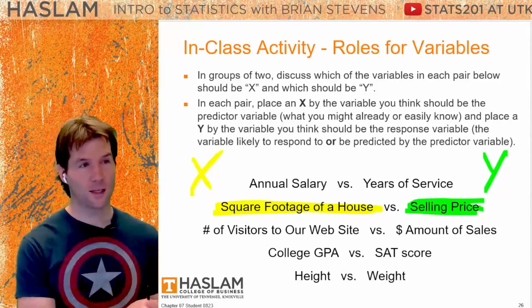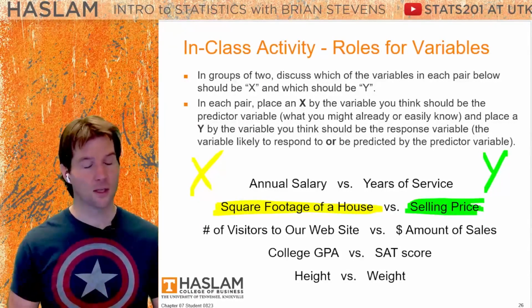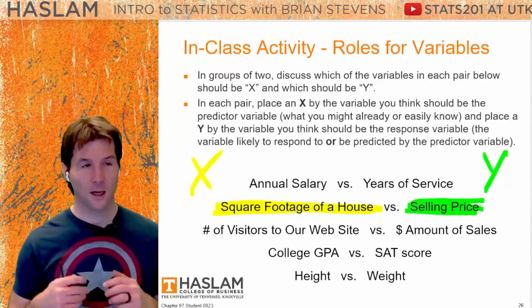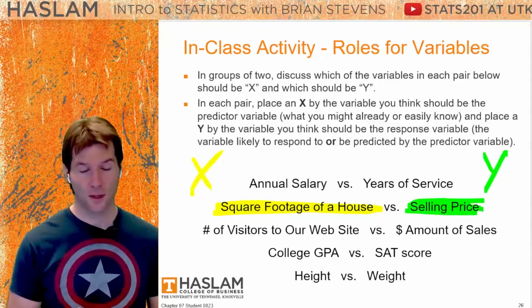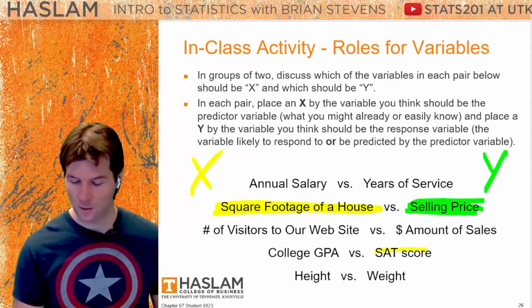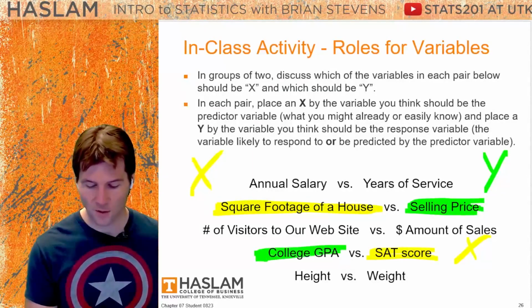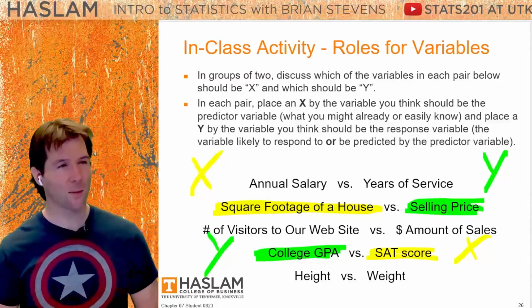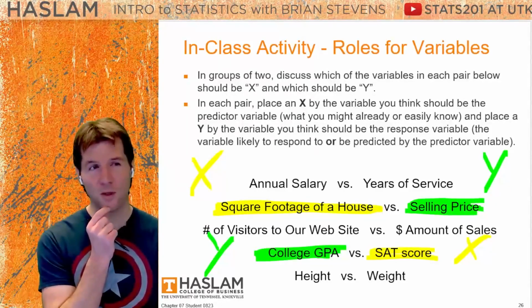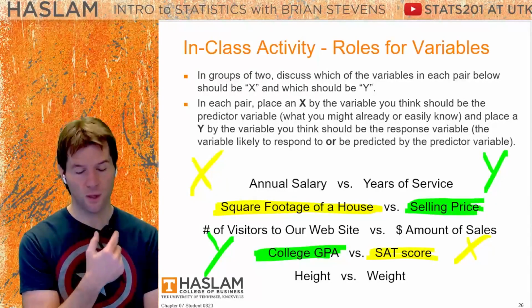Also, if you think about antecedent and consequent, you could think about something like college GPA and SAT score. SAT score comes from high school, so maybe your SAT score would explain why you have a certain college GPA. Always explain it that way: I want to talk about people's college GPAs, and maybe their SAT scores explain it.